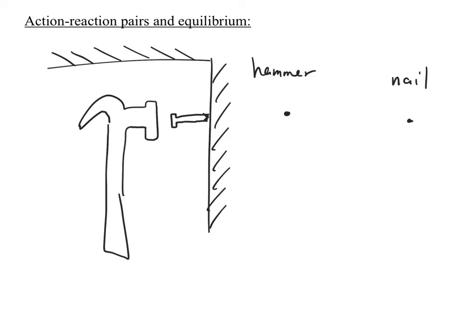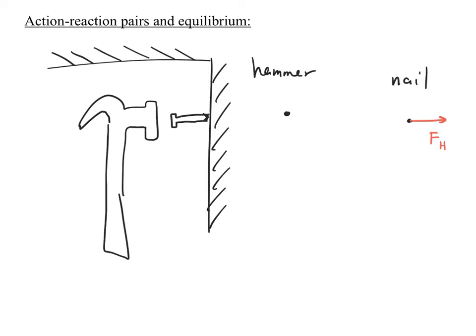First, the nail physically feels a force from the hammer that's acting on the nail itself. That force is directing it into the wall. So this is a force. I'm going to say just FH for now, the force of the hammer. I don't want to get into too much nitty-gritty substance, just the force of the hammer.